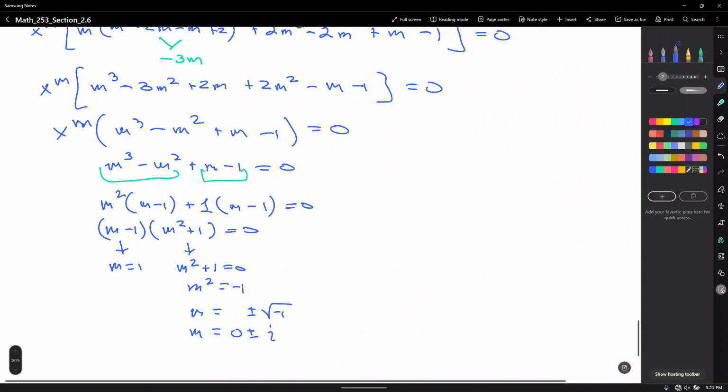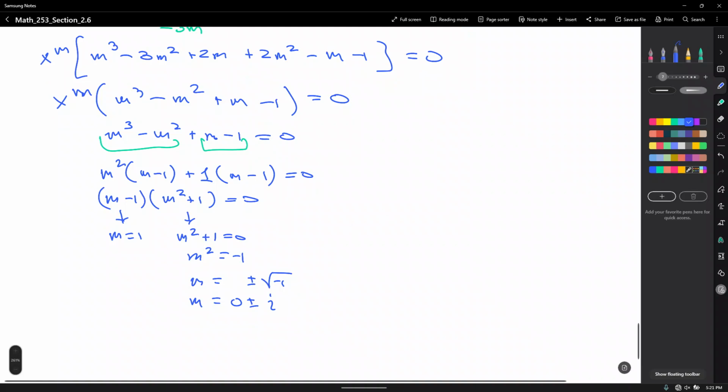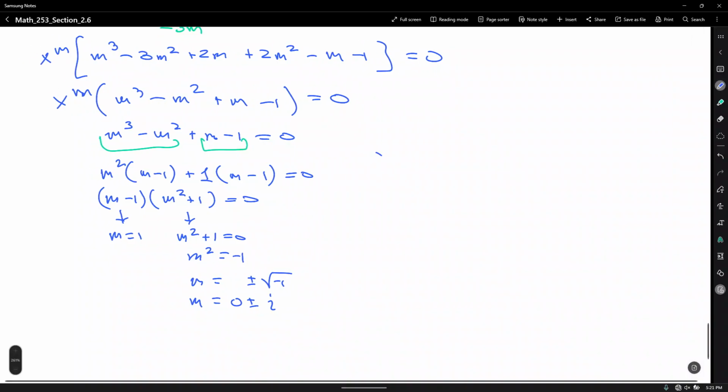All right? So we're going to have three roots, one of which will be real. Well, I was going to say distinct, but there's only one real, and the other two are a pair of conjugate complex solutions. All right, so this means our solution will be of the form y equals c1 x to the m sub 1.